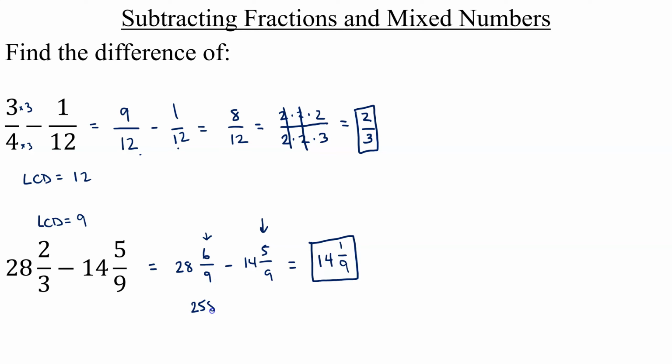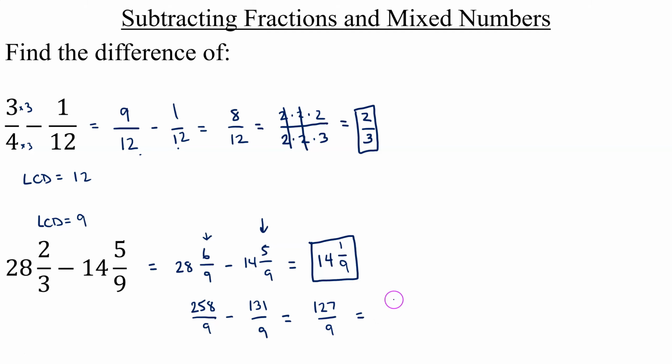That's our new numerator, and it's over 9. 14 times 9, that gives us 126, plus 5 gives us 131, that's over 9. And then we subtract our numerators to get 127 over 9.